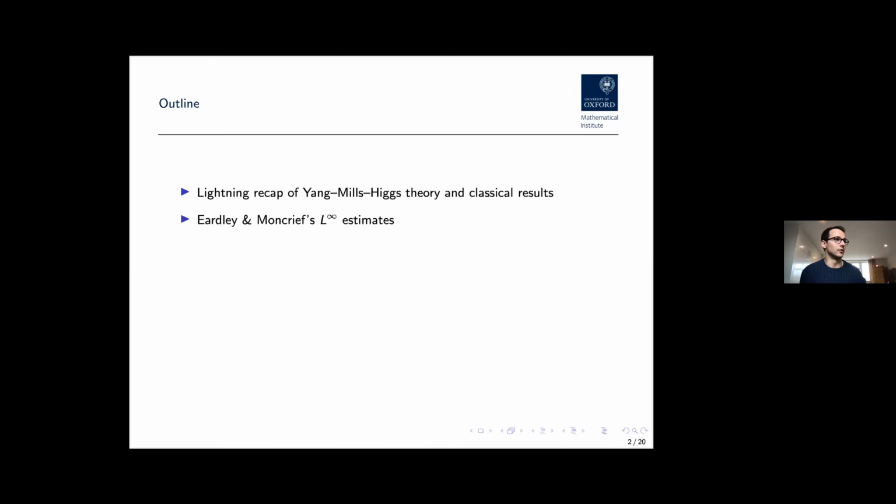I will then talk about Eardley and Moncrief's famous L-infinity estimates for Yang-Mills-Higgs fields, which lead naturally to a conformal patching construction and global existence on the Einstein cylinder. And at the end, to reap the benefits, I will quickly talk about the asymptotics that these results imply.